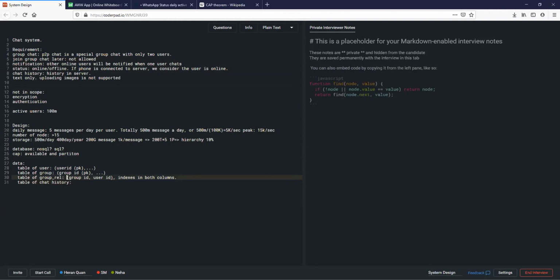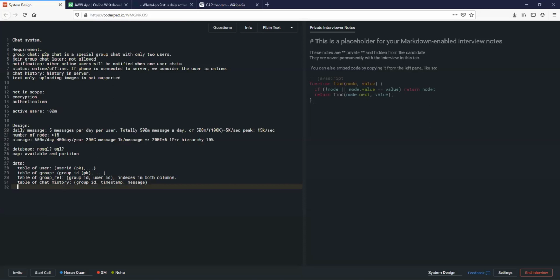Then we have the group relation, and then we can have the chat history. So chat history could be the group ID, timestamp and message. Message can be text, can be an image actually, but we don't care about this. So we have the chat history, the group relation, the group, and the user. I think we have everything.